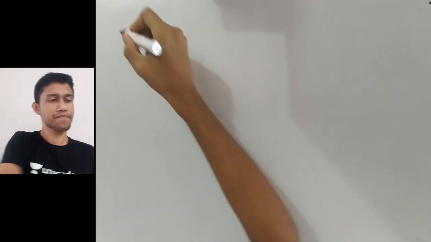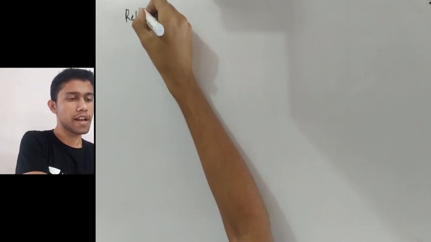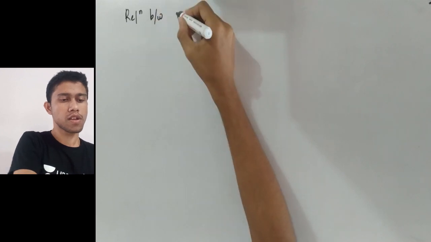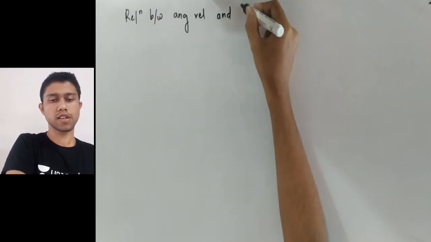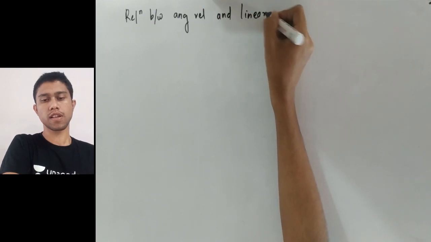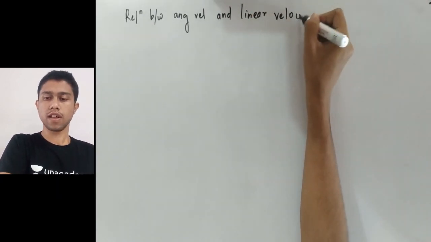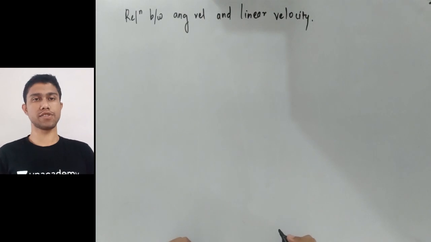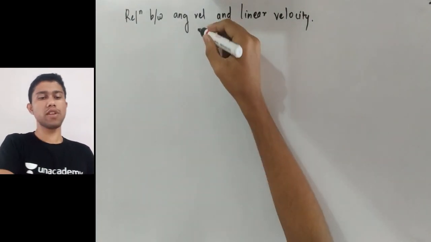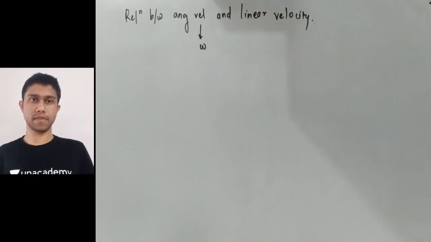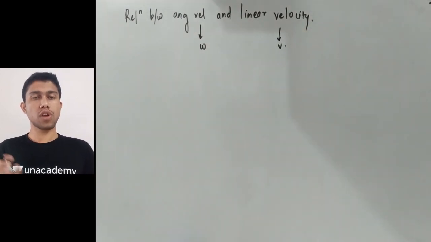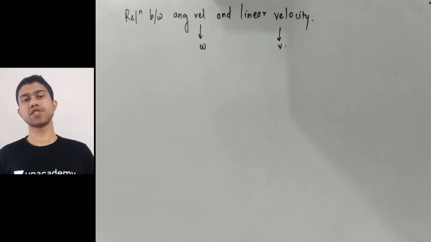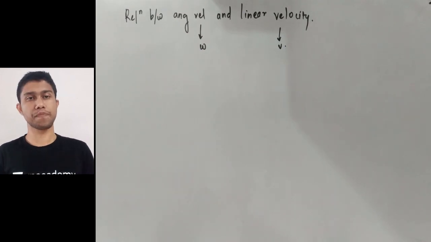So I'll write the heading: relation between angular velocity and linear velocity. Now we know angular velocity is given by omega and the linear velocity is given by v. So now we are going to find an expression in which we will relate these both terms.